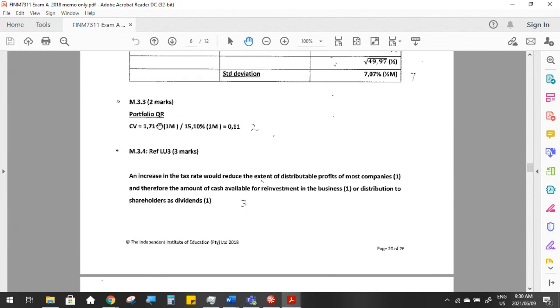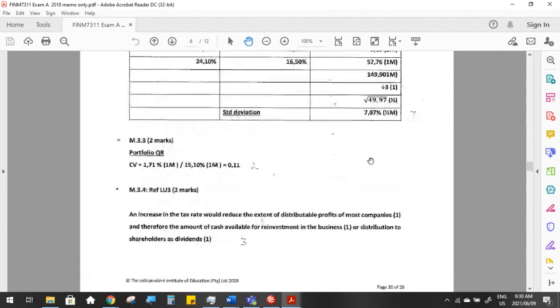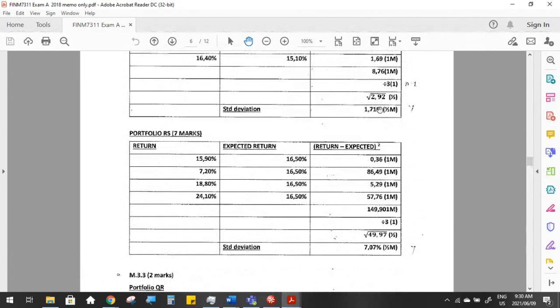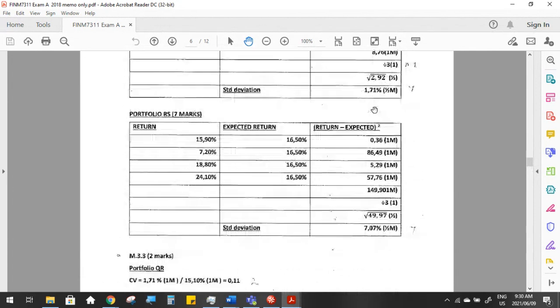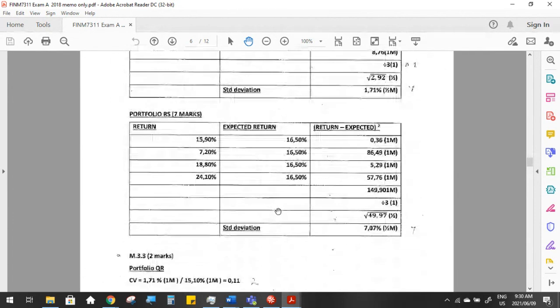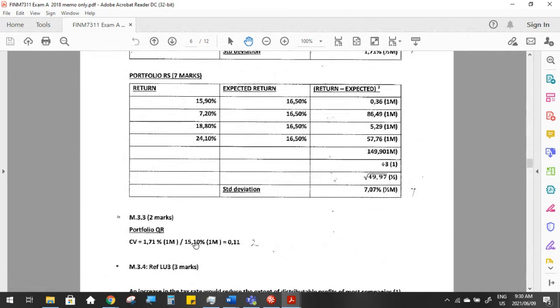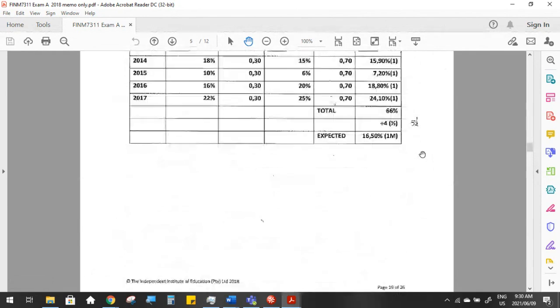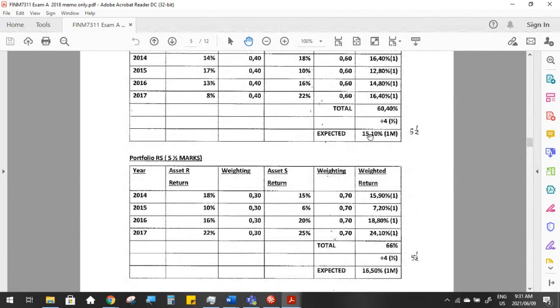So your coefficient of variation is the standard deviation divided by the RE. So 1.71 standard deviation that you've calculated here for portfolio QR only, over the RE for portfolio QR, your RE from that.